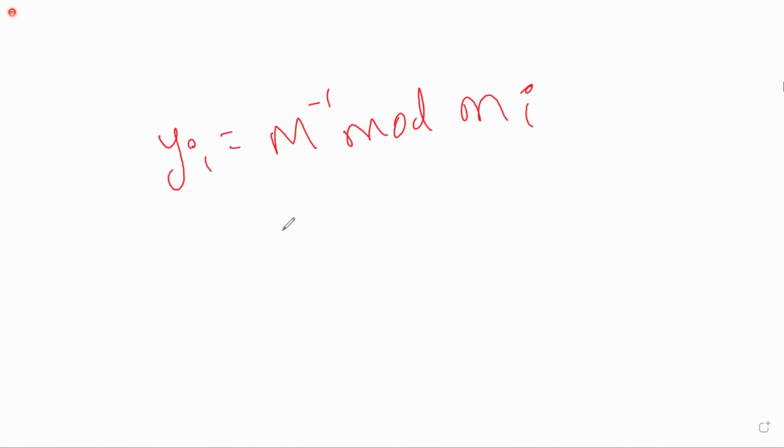So how can we take this? Suppose the I value is 1, m1 is 5, mod 5. Here we need to calculate the inverse.